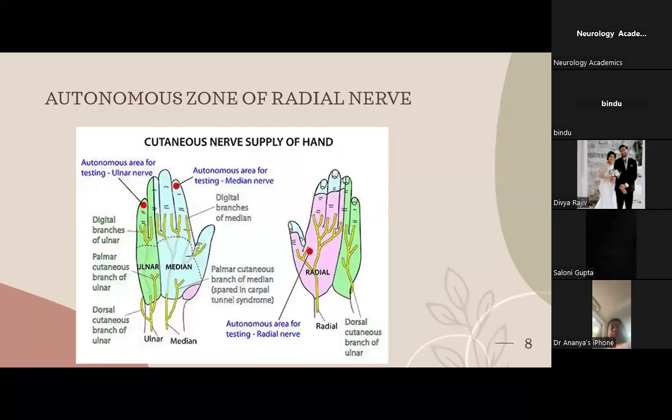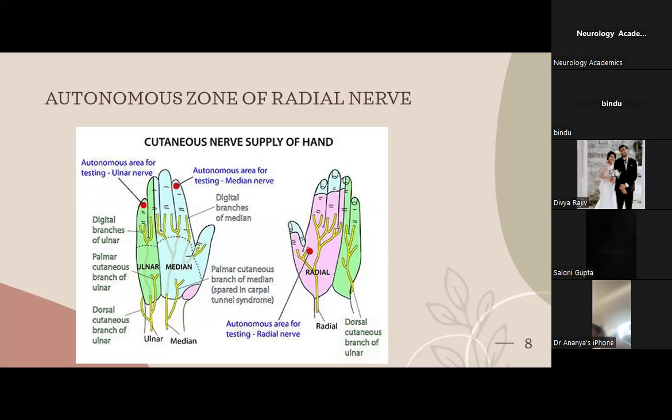Even though the sensory supply of the hand is supplied by ulnar, median, and radial nerve, with different zones, there is an overlap between the sensory supplies. So the autonomous area is the area in which only a single nerve is supplying sensation.